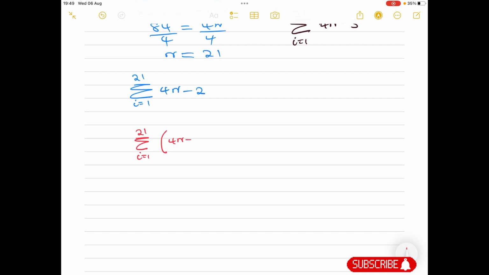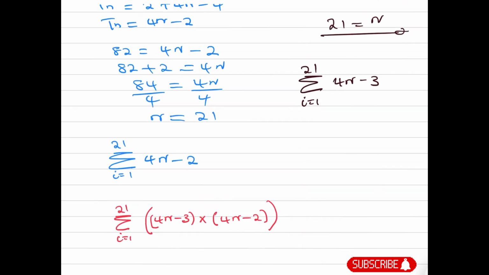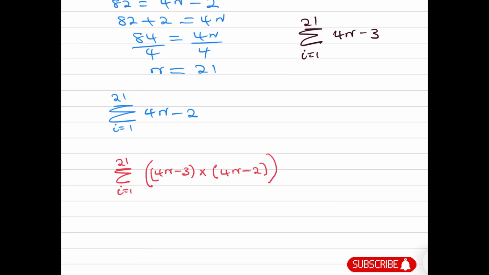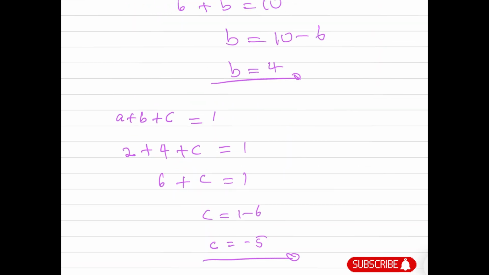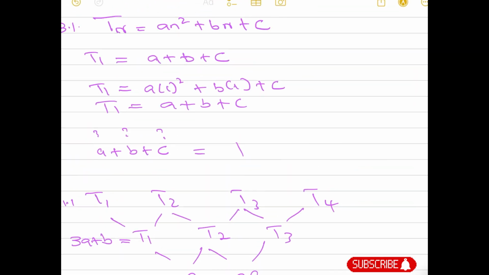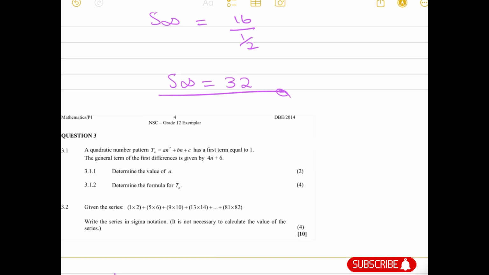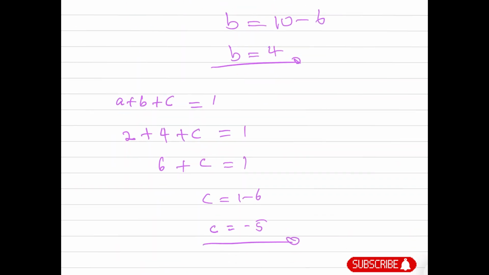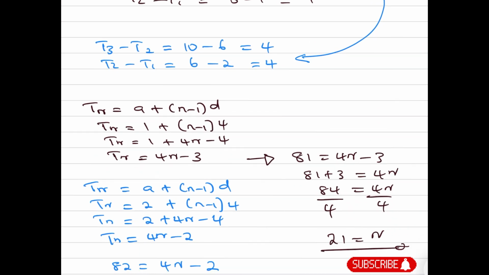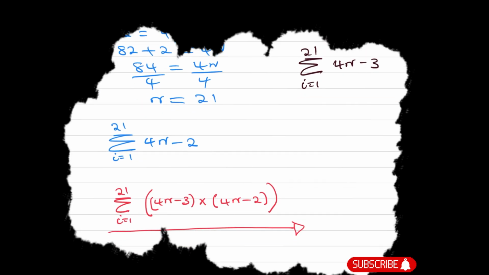So it will be 4n minus 3 times 4n minus 2. So whenever I perform all the calculations, this is how this series was discovered. Yeah, it was a long journey, but I hope you will find it fruitful and understandable.